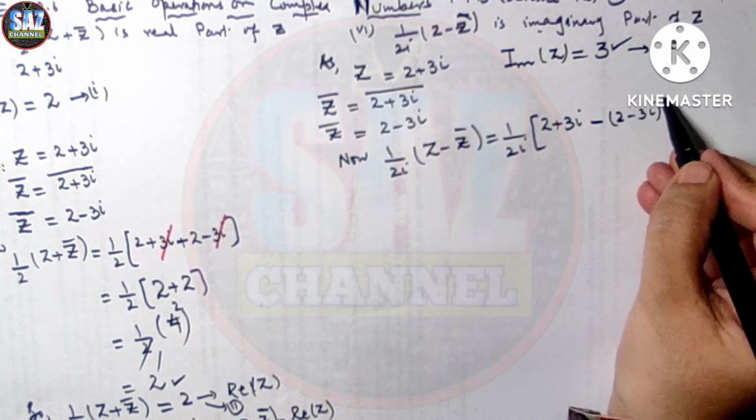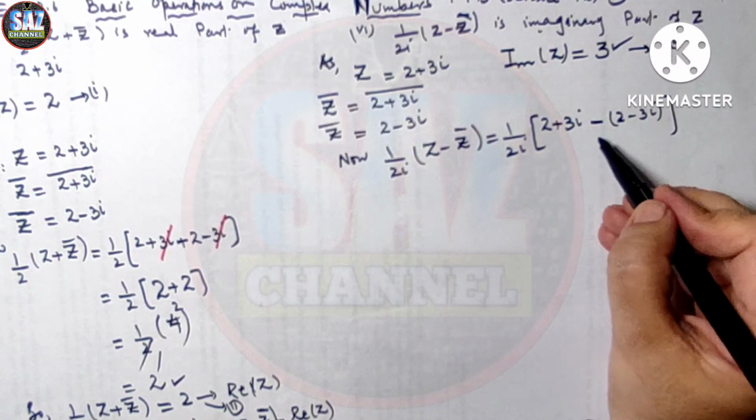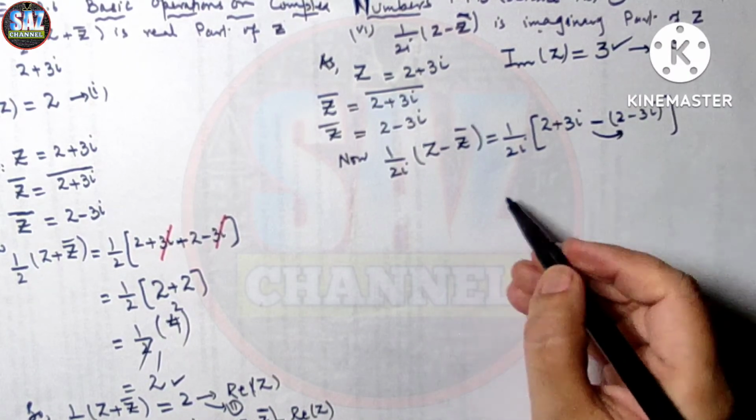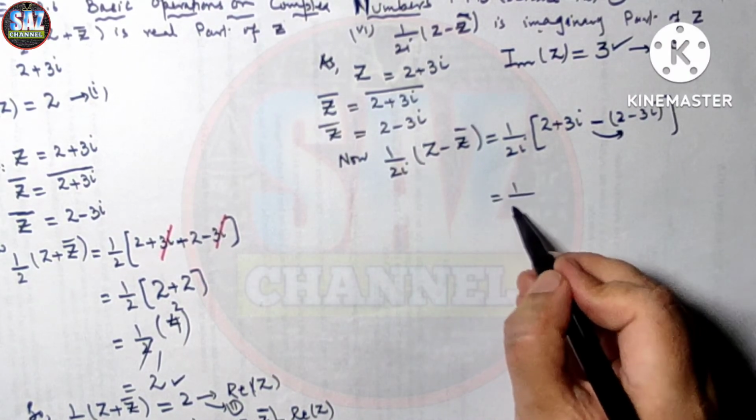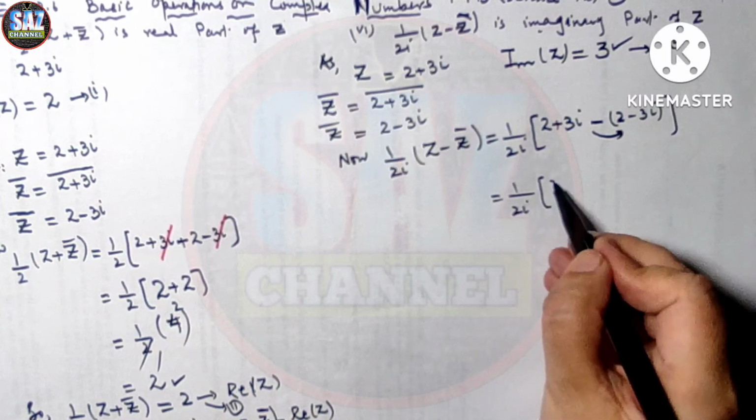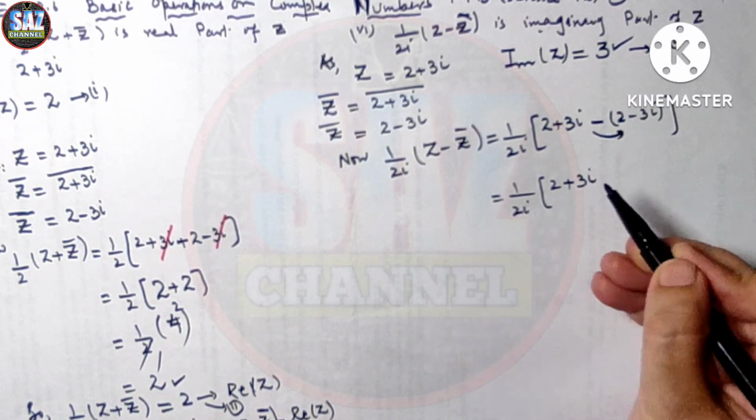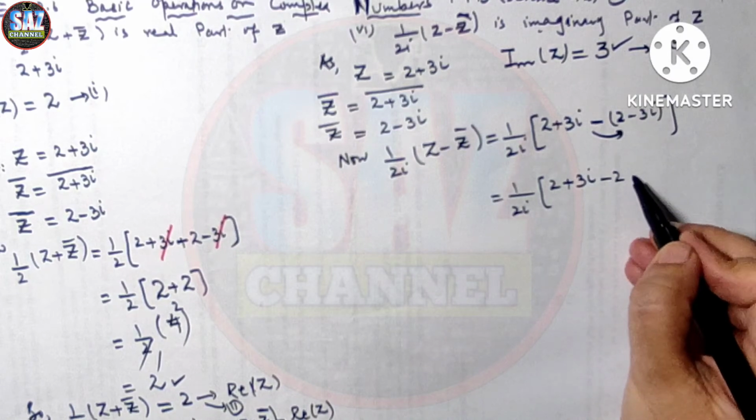Minus multiplied by minus will become plus 3 iota.